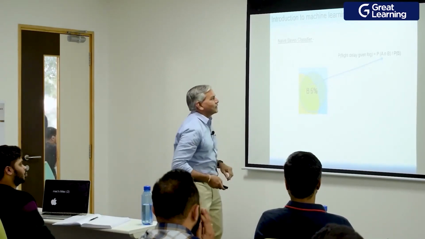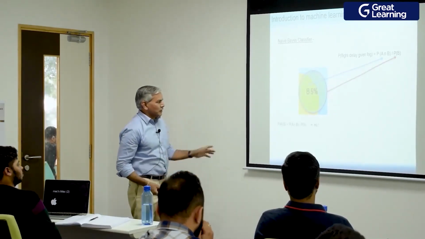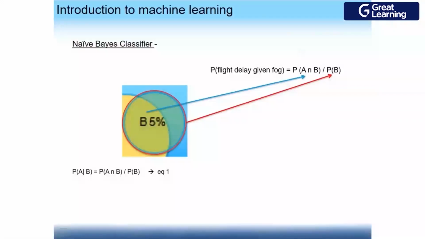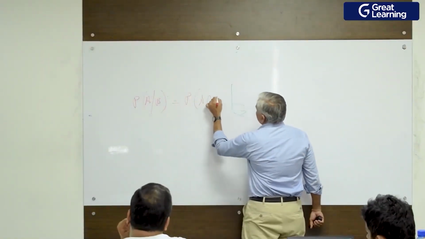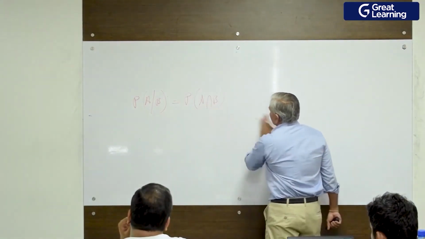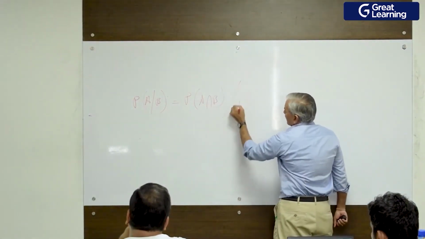Let's move further. I'm going to write this equation on one side and play around with this equation a bit. Caution, be ready to slip. So P(A|B), I'm showing it here as P(A intersection B) by P(B). A intersection B by P(B).